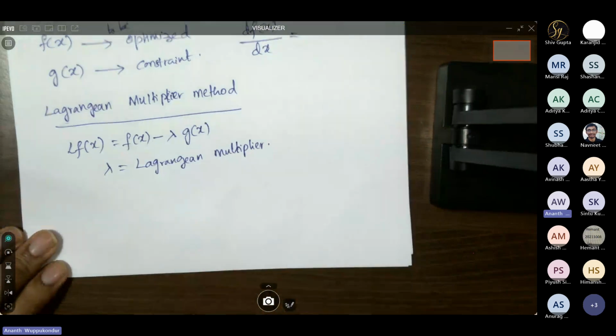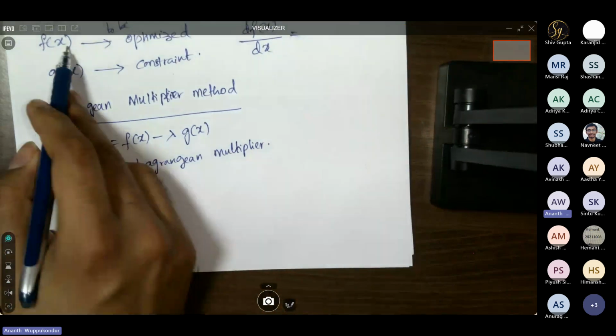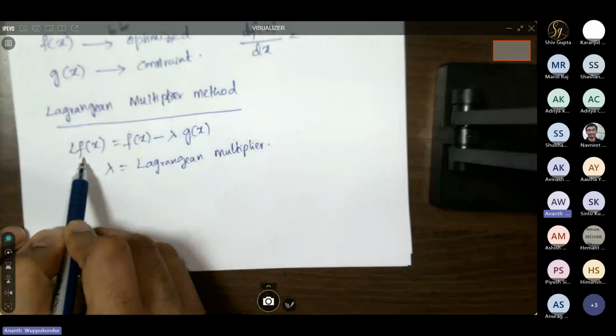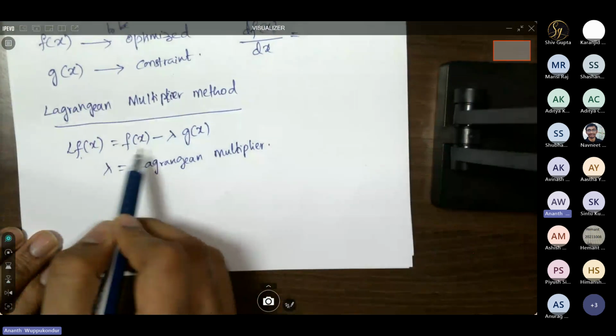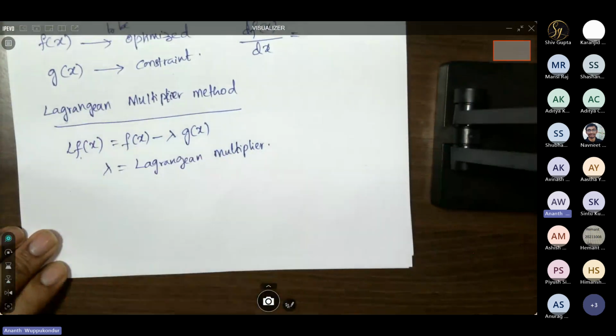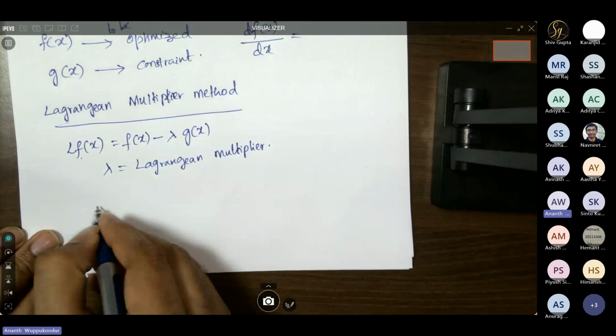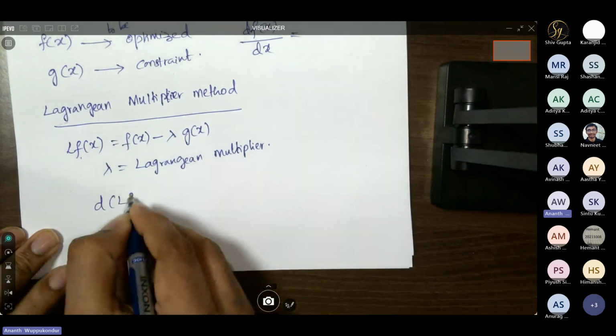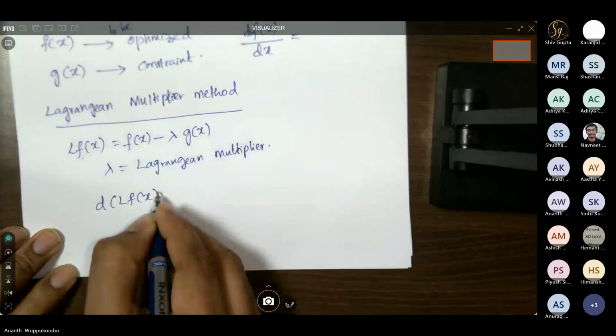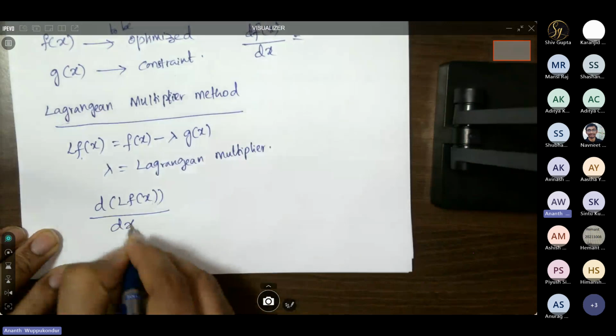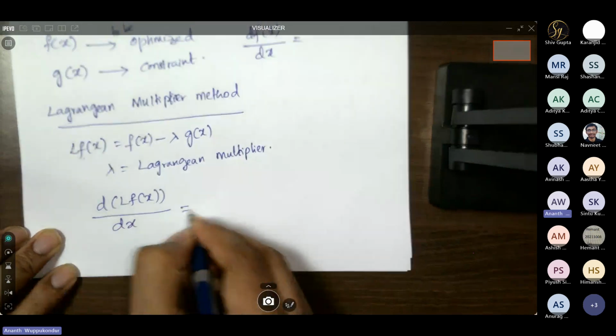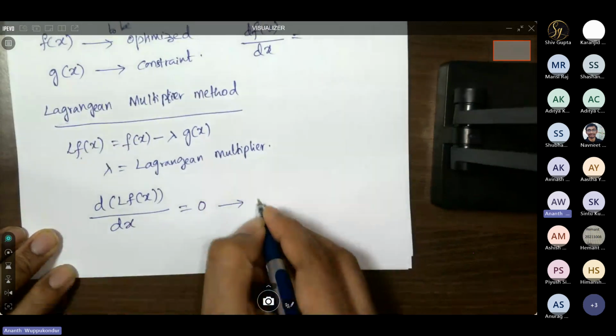So we have converted the f of x into a Lagrangian function, Lagrangian of f of x, which is f of x minus lambda g of x. Now, to find the optimum, or the minimum and maximum, for this function, you take the differential of the Lagrangian of f of x first with respect to x, and equate it to 0. Then you would find what is x.